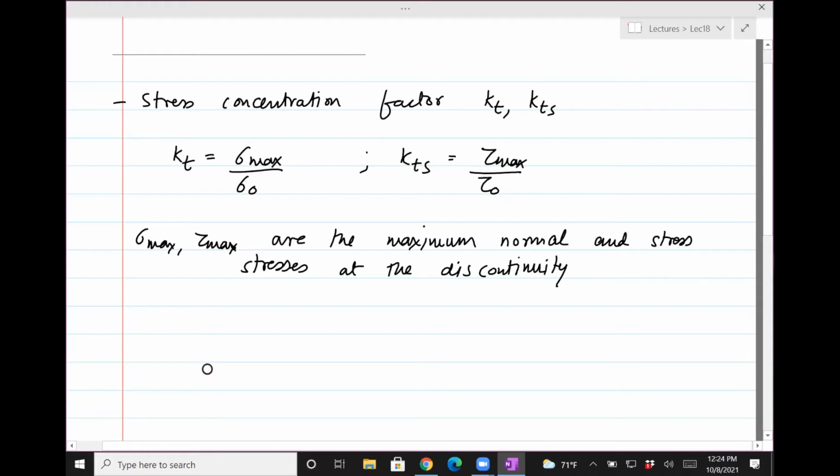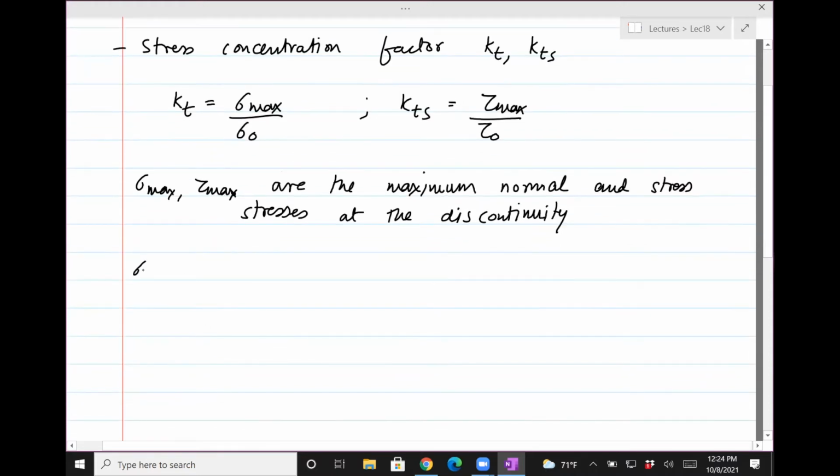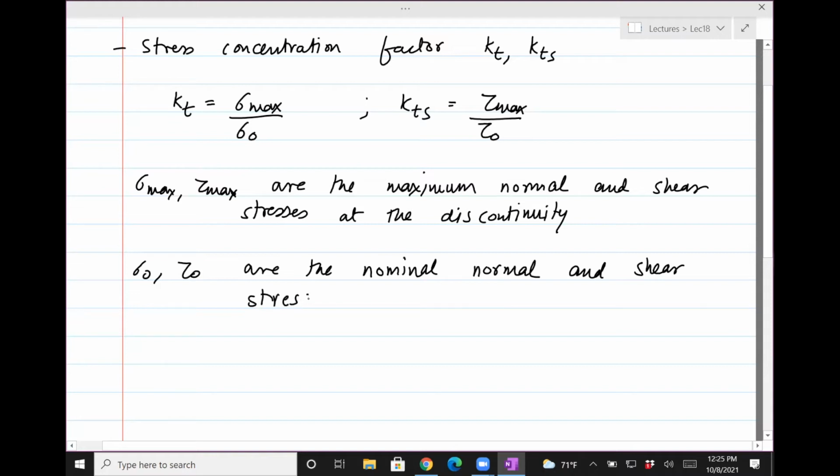And then sigma 0 and tau 0 are the nominal normal and shear stresses in the absence of the discontinuity.